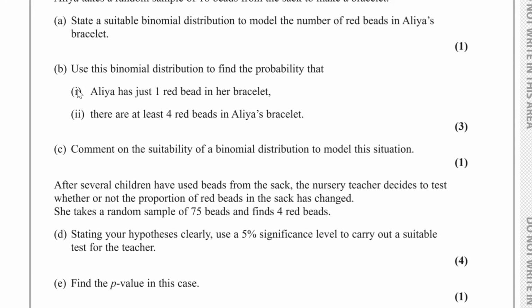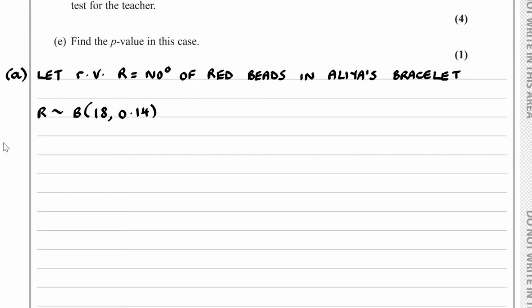Now for part B, we have to use this binomial distribution to find the probability, for the first part, that Aaliyah has just one red bead in her bracelet. So we are looking for the probability that R is equal to 1.